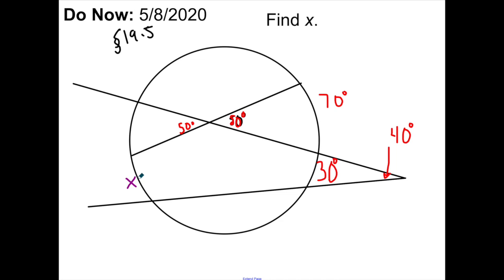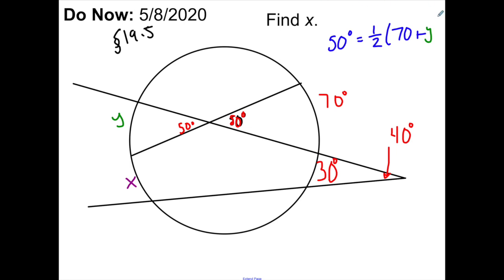So what we learned is that whenever you have 2 chords intersecting, like you see here, we know that 50 degrees, the interior angle, is equal to 1/2 of 70 plus, I don't have a name for it, so I'm going to call it y, the other one.